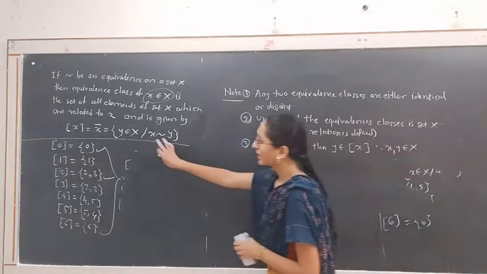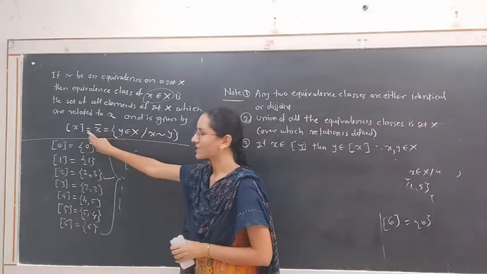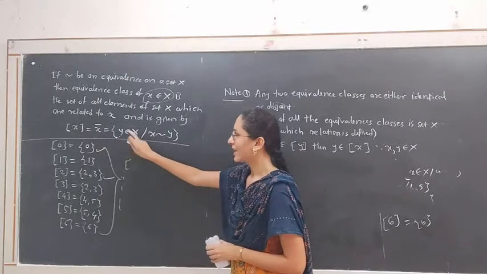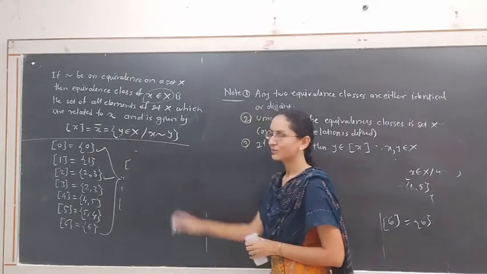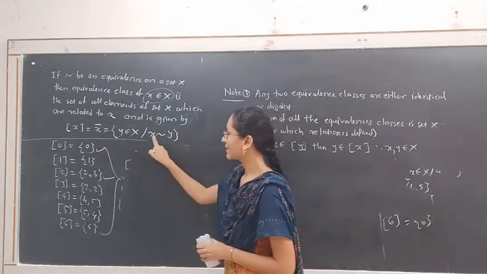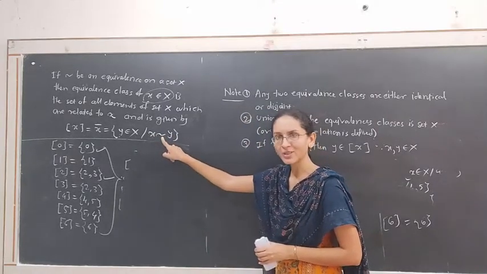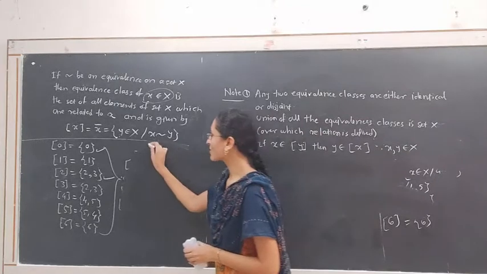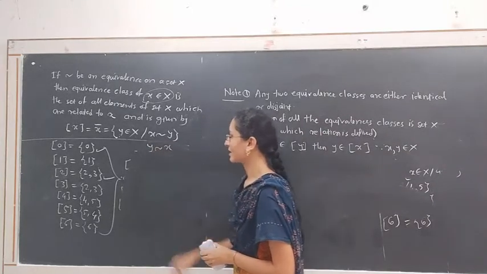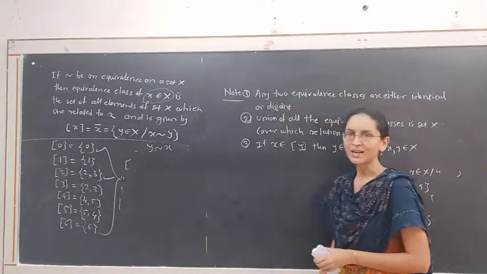By symmetry, if one element belongs to the equivalence class of x, then x also belongs to the equivalence class of that element, because if x is related to y and this relation is an equivalence relation, it must be a symmetric relation. Hence we also say y is related to x. Hence x will go in the equivalence class of y.